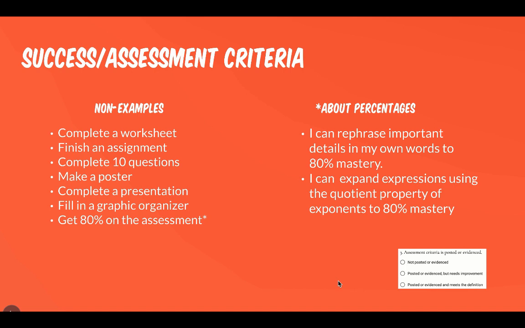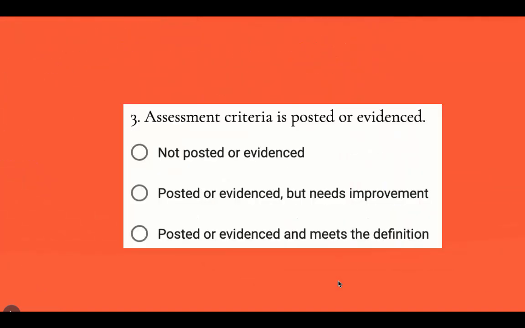"I can rephrase important details in my own words to 80% mastery," or "I can expand expressions using the quotient property of exponents to 80% mastery," have the language of success criteria, but just marry it with the quantitative measures. So again, students still are able to look at the I can statement to know what they should be learning or how they know that they've acquired that learning, and then the quantitative measure gives them another element to gauging whether or not they've mastered that skill or acquired that learning.